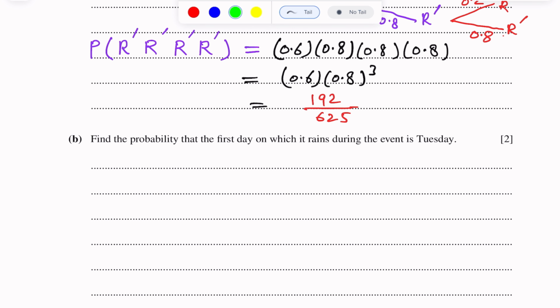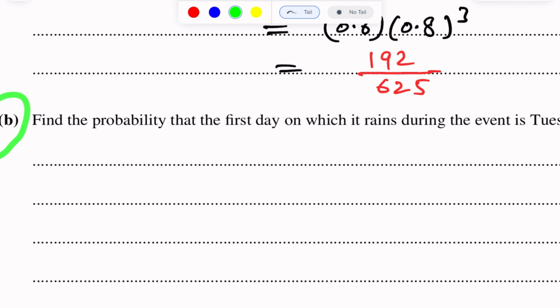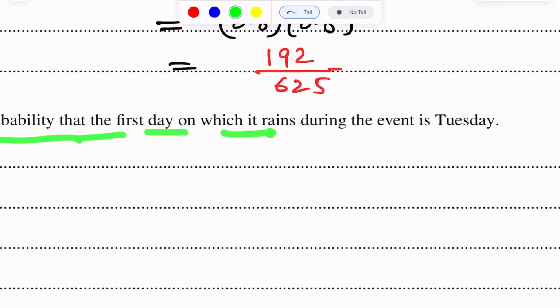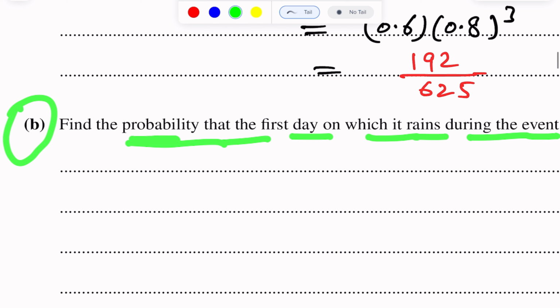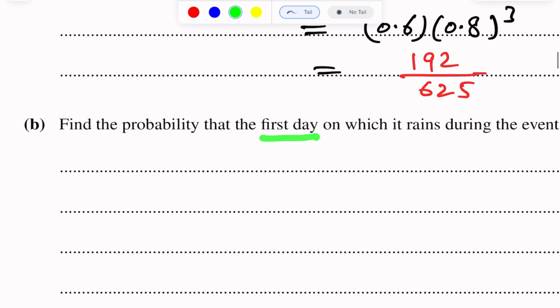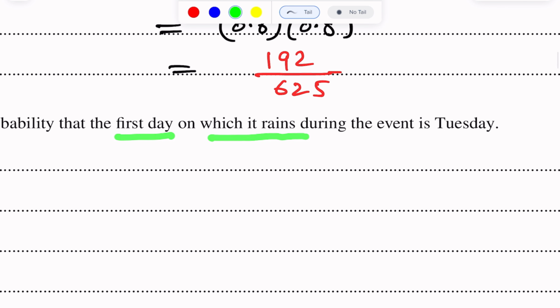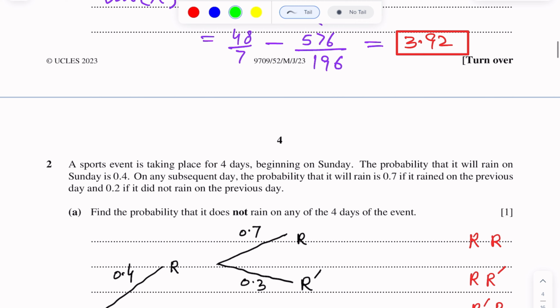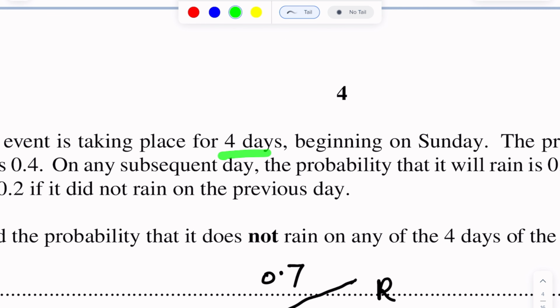Next, part B of this question is: find the probability that the first day on which it rains during the event is Tuesday. The event is taking place for 4 days beginning on Sunday.